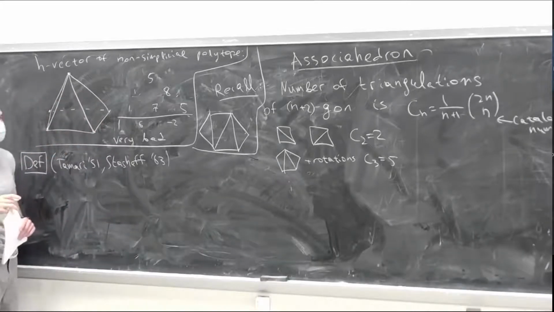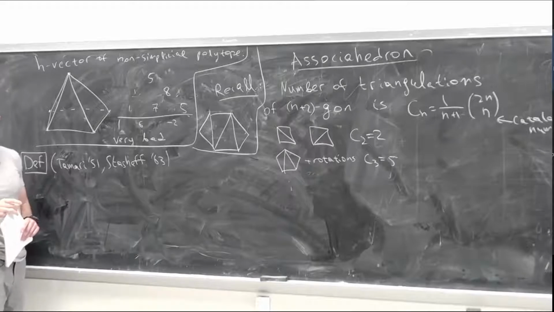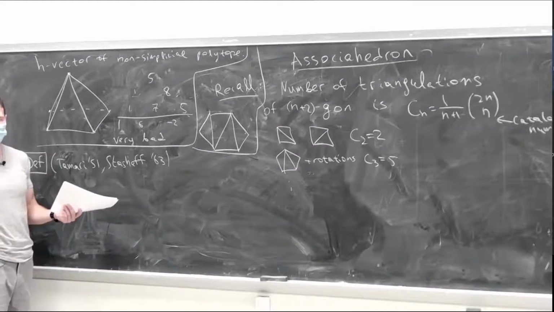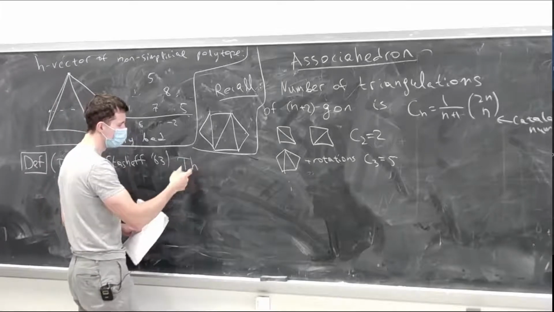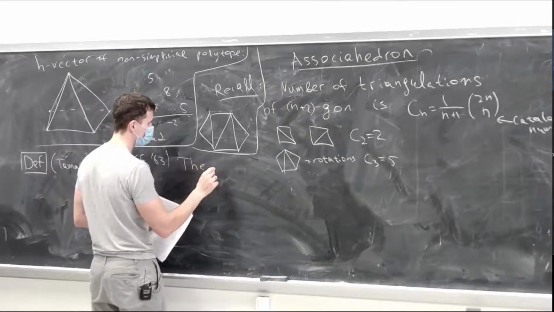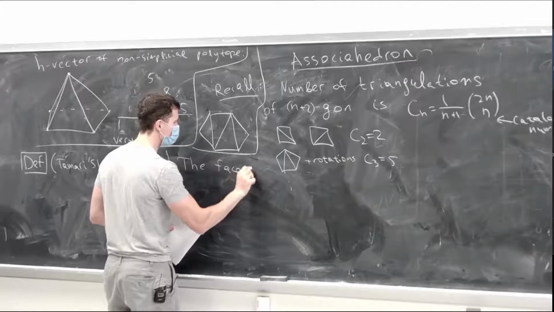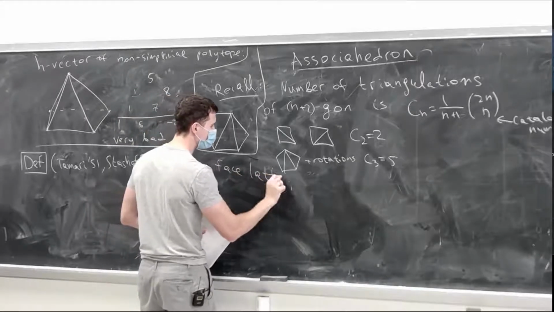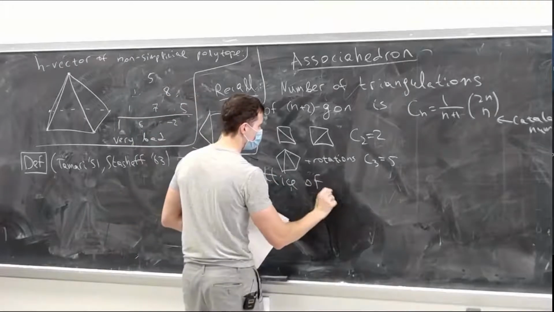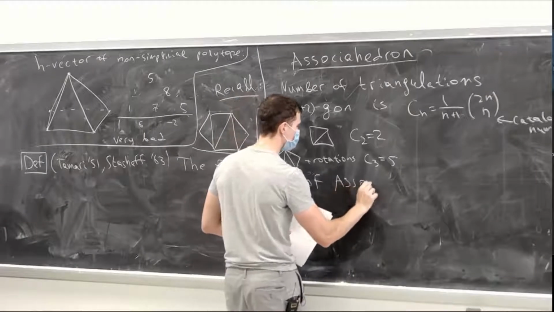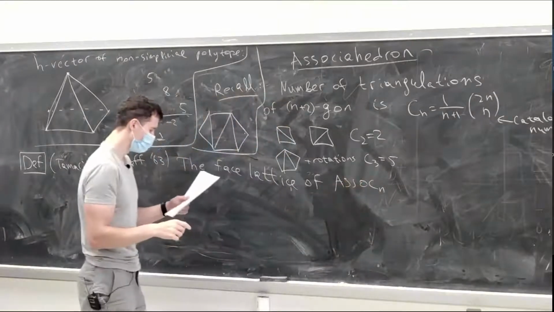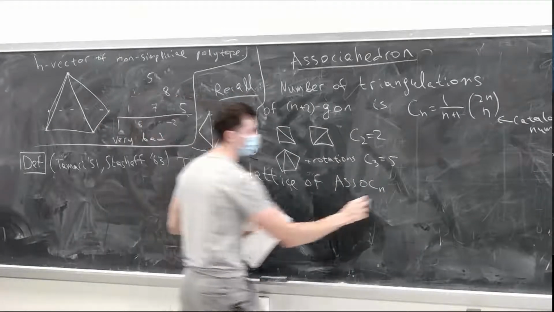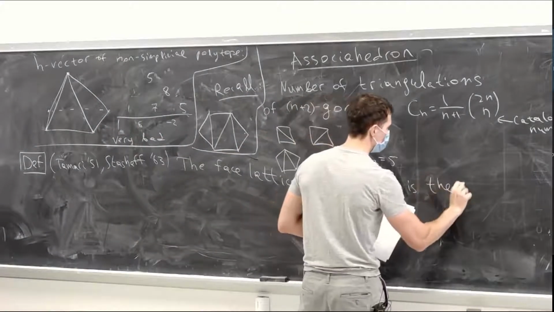I'm going to define not a polytope, but a face lattice of something that's hopefully a polytope. I'm just going to define a lattice, or even just a poset. The face lattice of the associahedron, let me denote the associahedron K_n, is the poset.